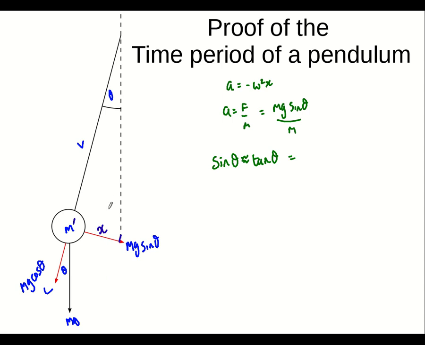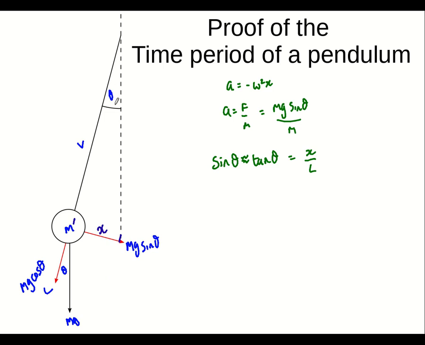Then tan theta is x over L, opposite over adjacent. So providing we do keep this angle small, you can prove it for yourself that tan theta equals sine theta for small angles, close enough anyway.